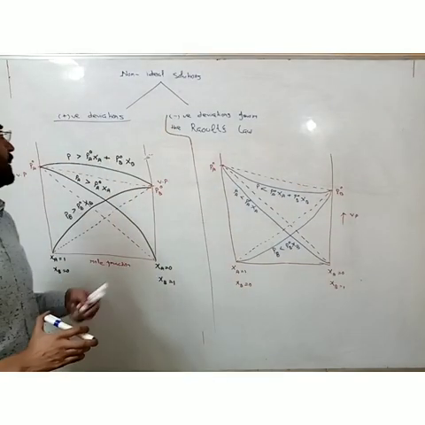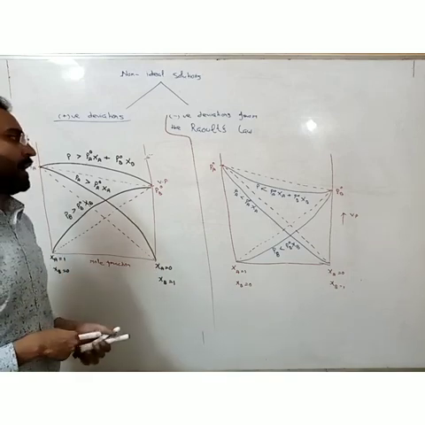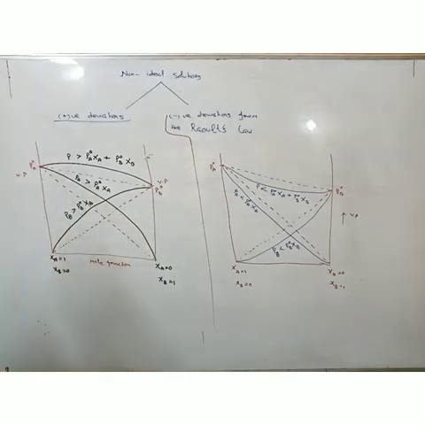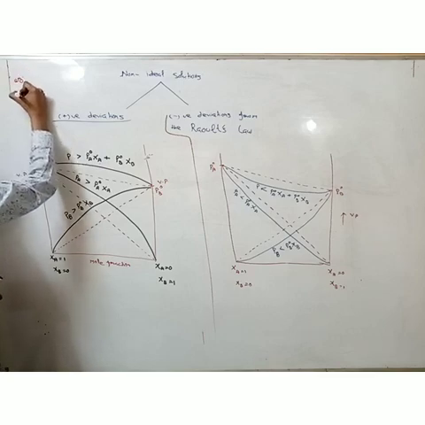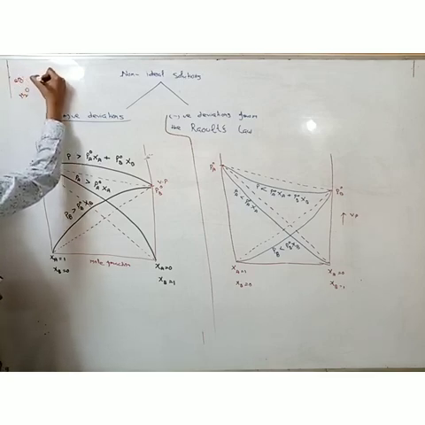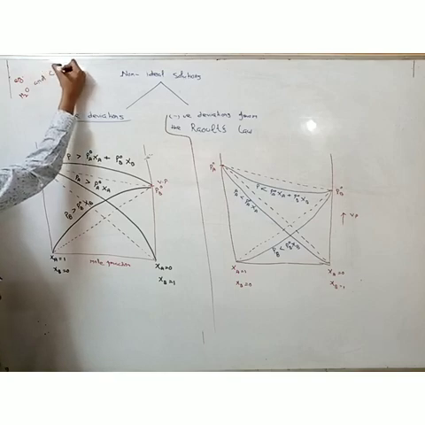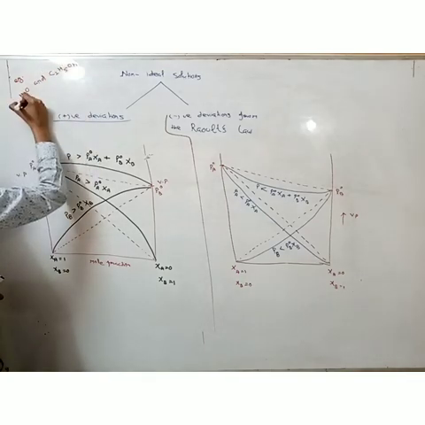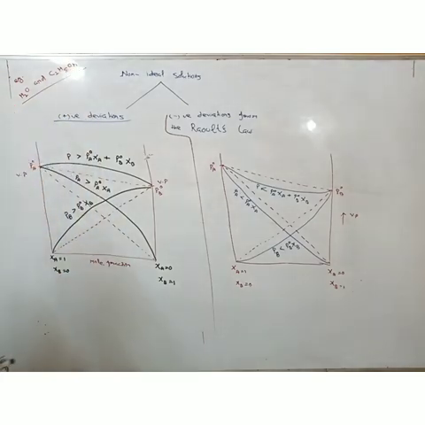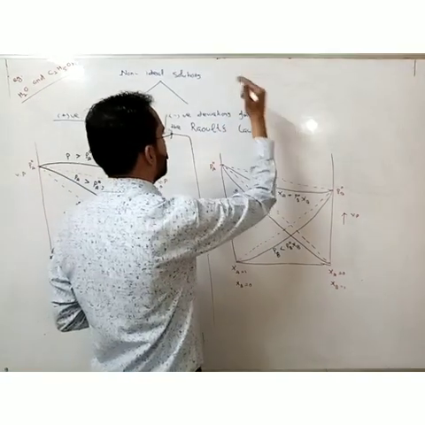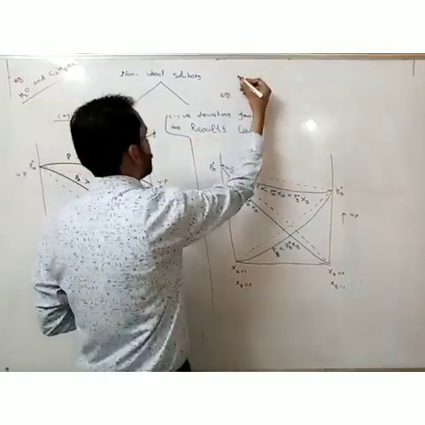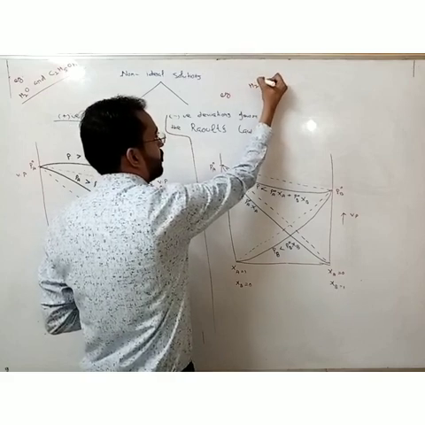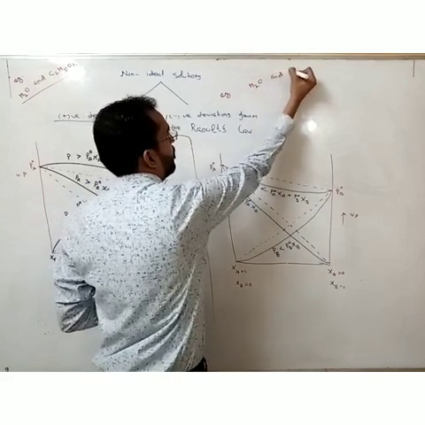Last point in this topic is examples. An example of solutions which show positive deviations from Raoult's law is a solution of water and ethanol. And an example of a solution which shows negative deviations from Raoult's law is a solution of water and nitric acid.